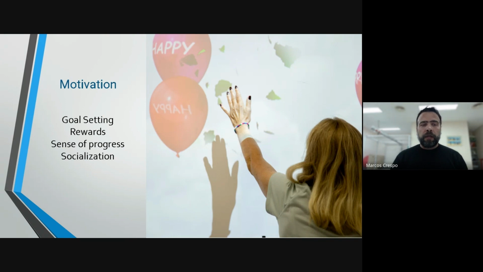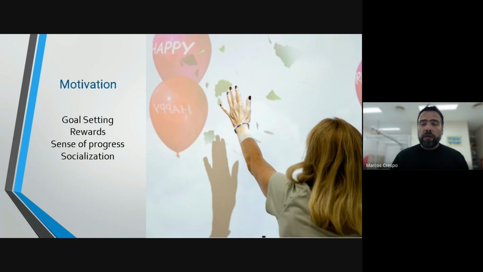We try to be clear with the goal setting for each activity, and to give the patients some kind of rewards or positive feedback, so that the patient has the sense of progression, as we said in the last slide, but also trying to communicate some outcomes, images or videos that show the patient the progression during the rehabilitation.